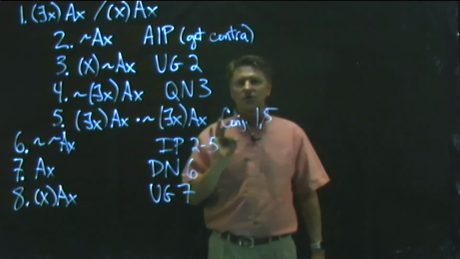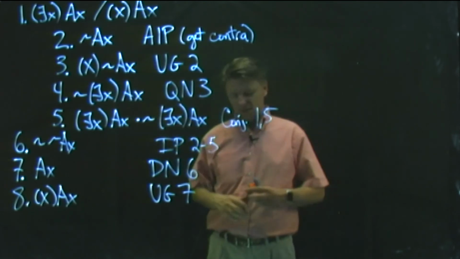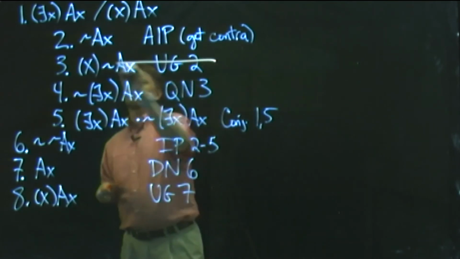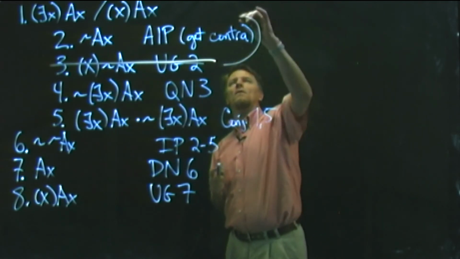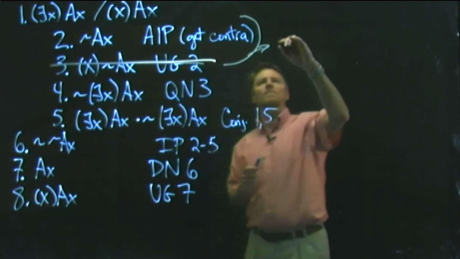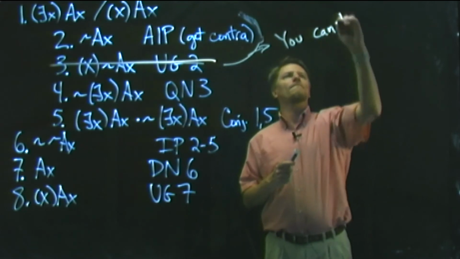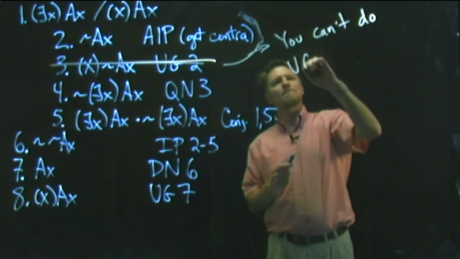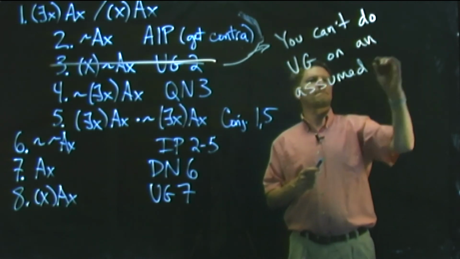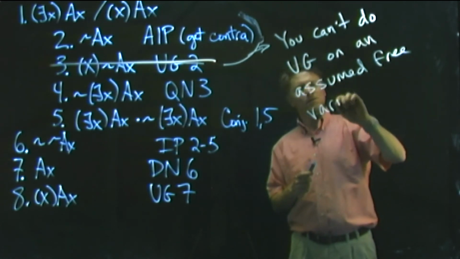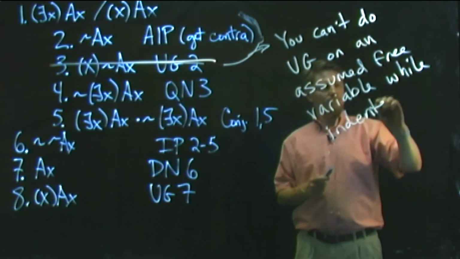However, there is this one new stipulation when it comes to doing conditional and indirect proof, and we're dealing with predicate logic like this, and that is this. Line 3 here is not allowed. Okay?